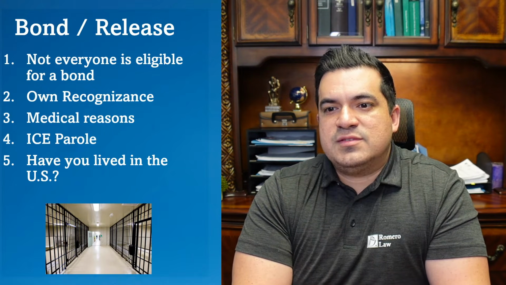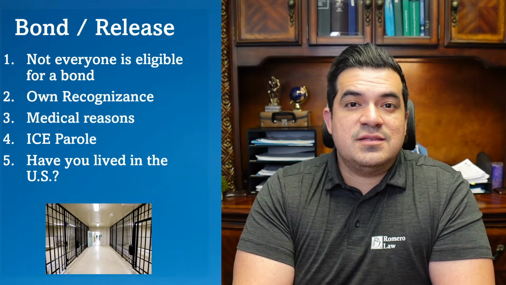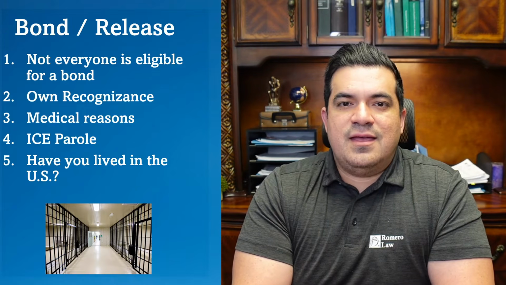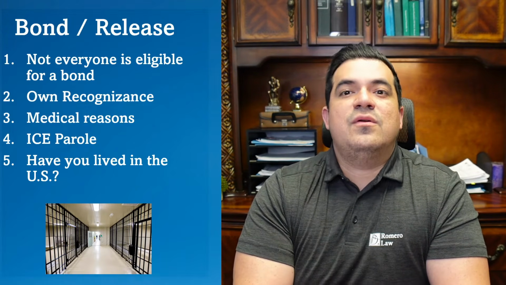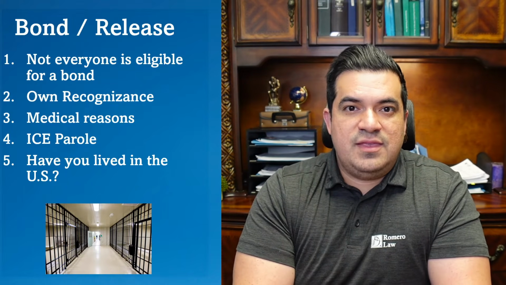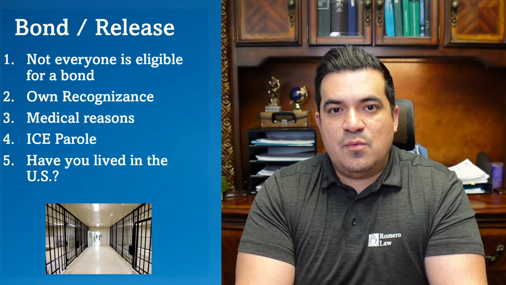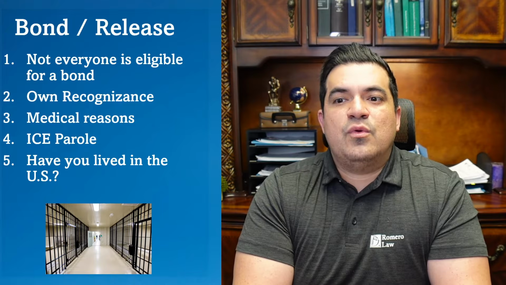If someone was arrested for a criminal action and ends up in immigration, they can use that to determine whether or not to release you, even if there has been no conviction. That's the way immigration works. It's a little unfair, but they can use a lot of different things to determine whether or not they're going to give you a bond, or release you on your own recognizance.